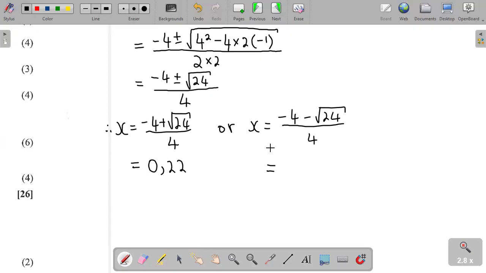And then if we replace the positive at the top with a negative, it gives me -2.22.